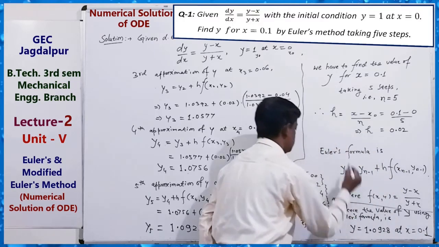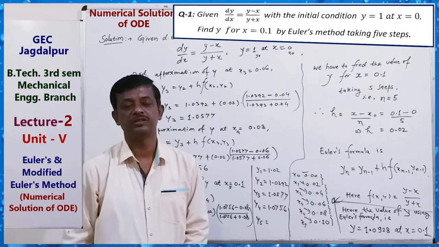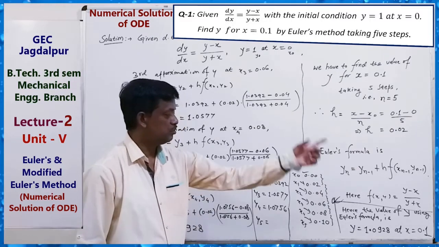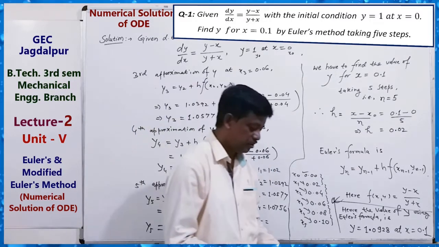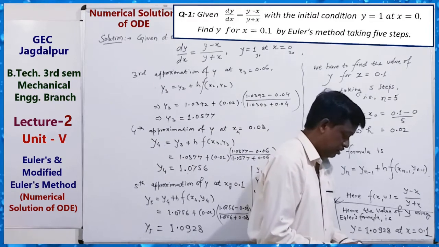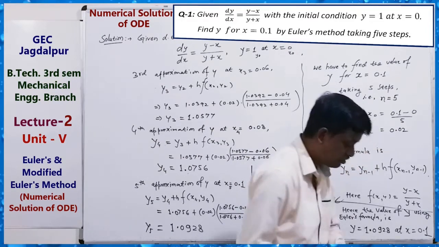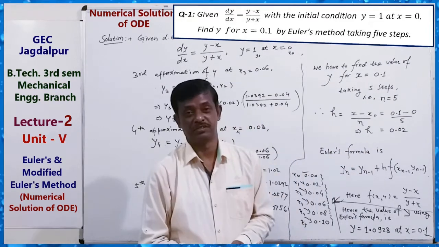So this is the answer: y equals 1.0928 at x equals 0.1 by Euler's method. Okay, now I will discuss the modified Euler's method.